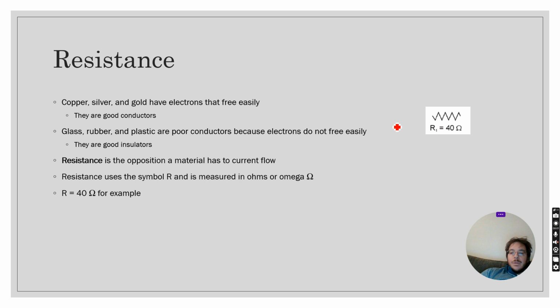Because when electrons get into a load, they give that load some of their energy. So for example, if I've got a wire here and I've got a light bulb, what happens is my electrons are flowing down the wire, and when they get to the light bulb, there's some resistance, and they donate their energy.